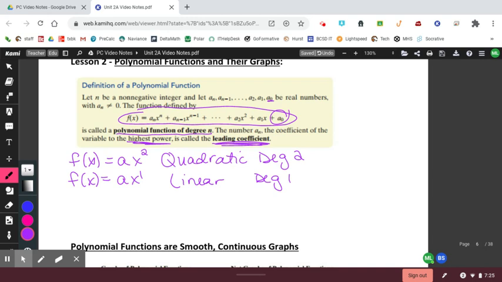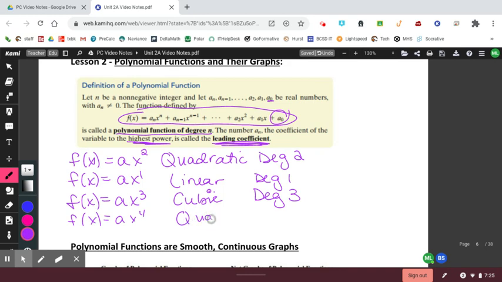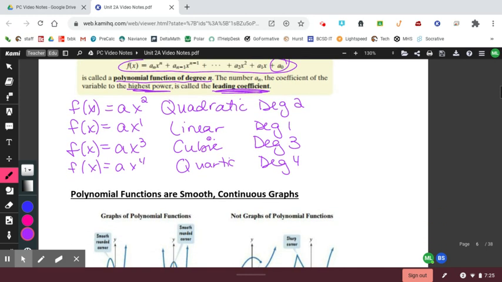We've seen cubics in the past, f of x equals a times x to the third. We also have quartics. You dealt with those last year as well. Anything else, we call it degree 5, degree 6, degree 10, however high the highest exponent is.